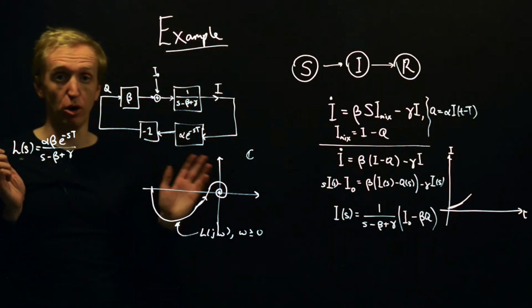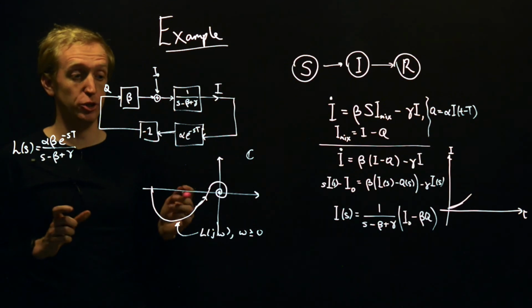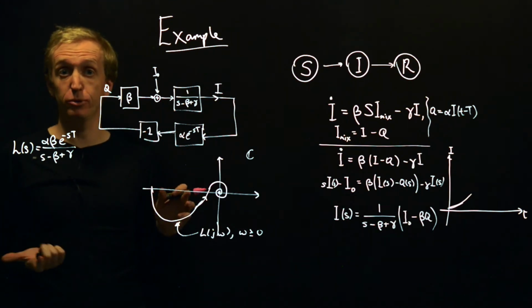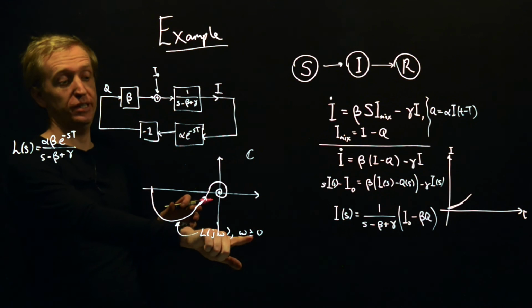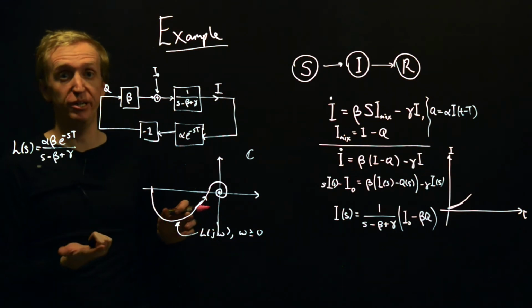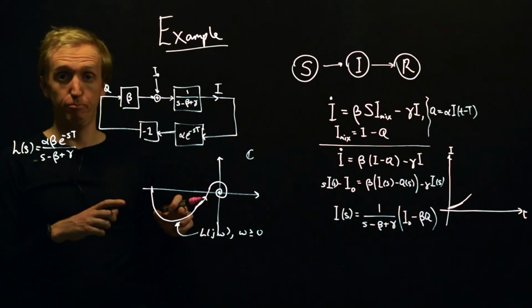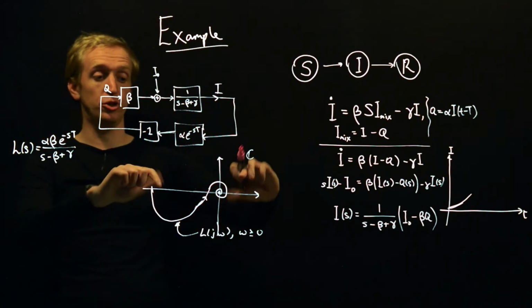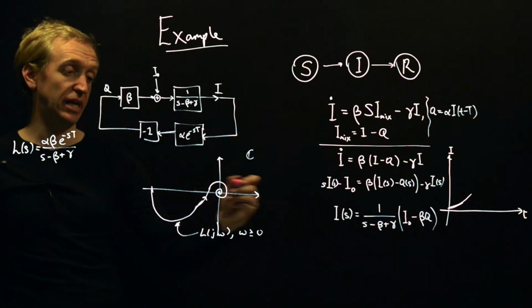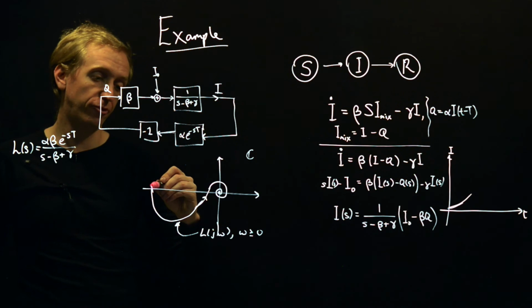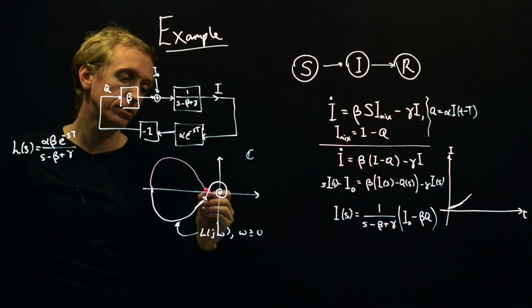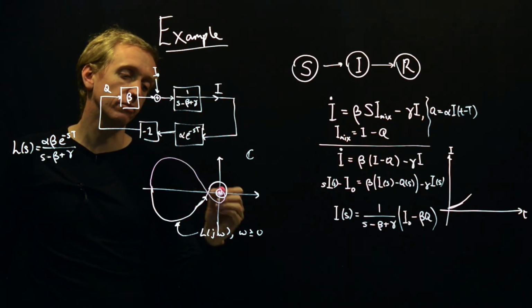But we know from our last lecture that in order to apply the Nyquist criterion properly, we don't just need the plot for positive frequencies, we also need it for negative frequencies. But we get the plot for negative frequencies just by mirroring in the real axis here. So the full Nyquist plot just looks something like that.